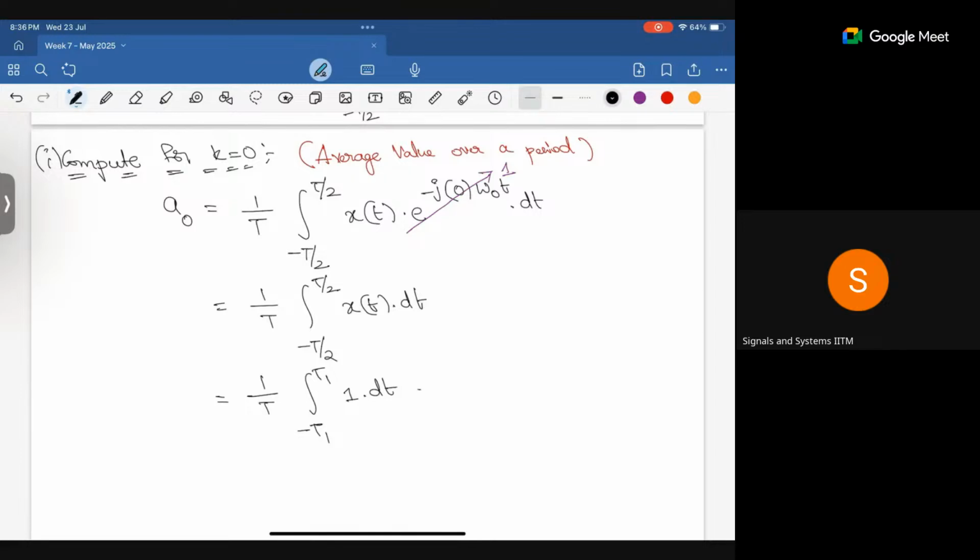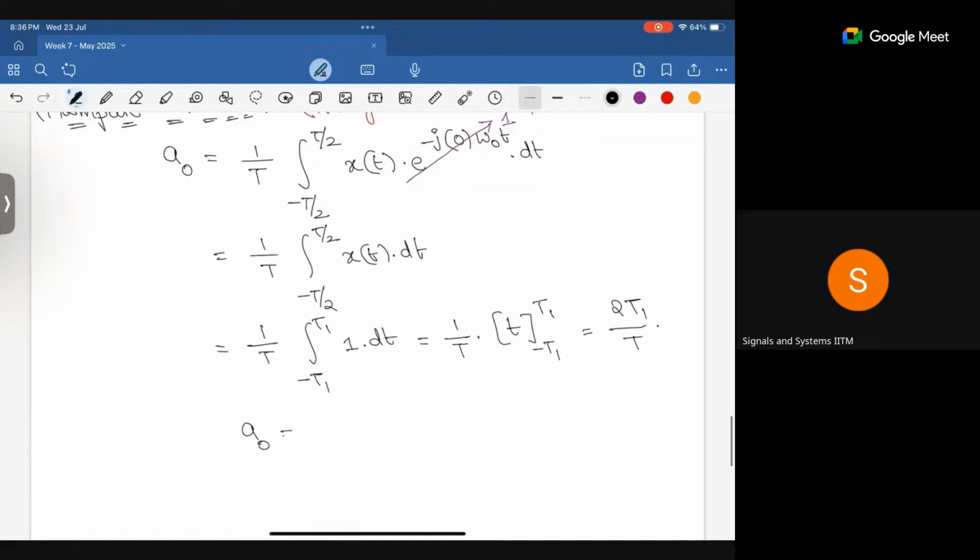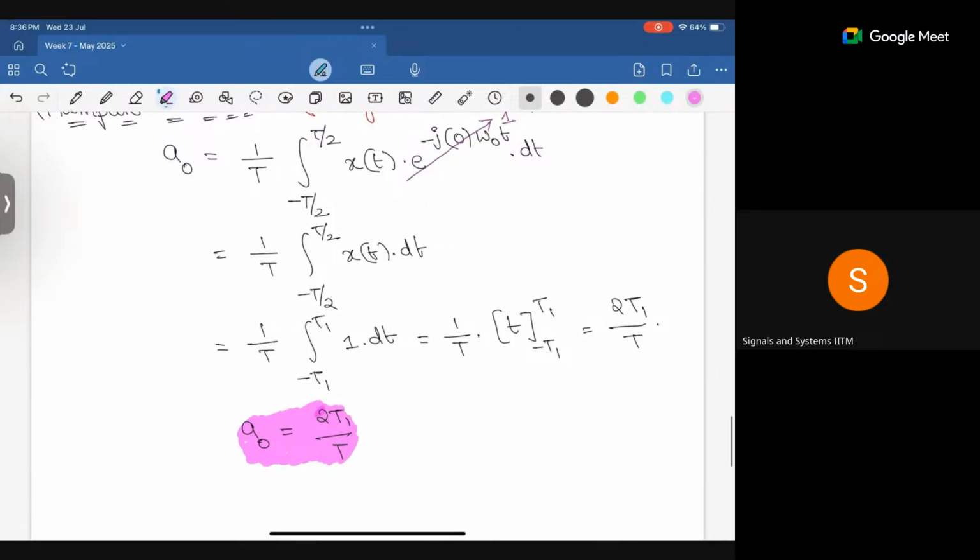Simplifying, we get 1 by T into t evaluated between t1 and minus t1, which gives 2 t1 by T. This is a0. So we have computed a0, which is 2 t1 by T, and this is also the average value over a period.